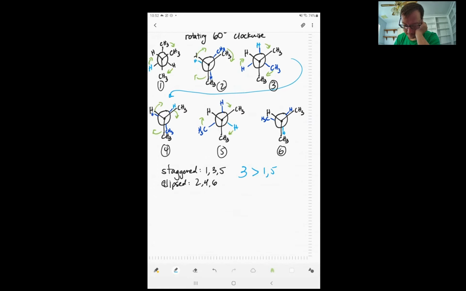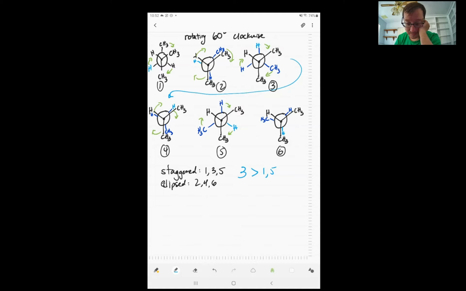All right. Let's look at our eclipsed ones then. What we want to do here is look at what's happening in all of them. Let's look at methyl-methyl interactions in the eclipsed ones now. If we look at the top one, number 2, we have a methyl-methyl.